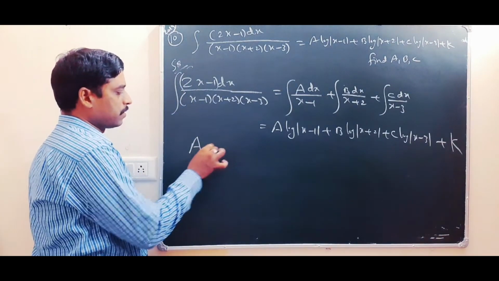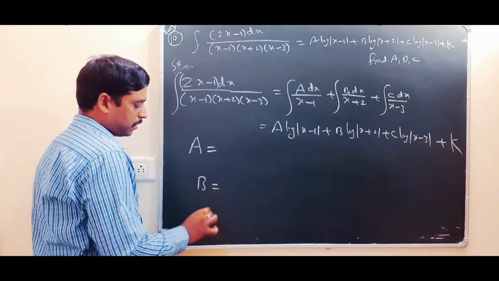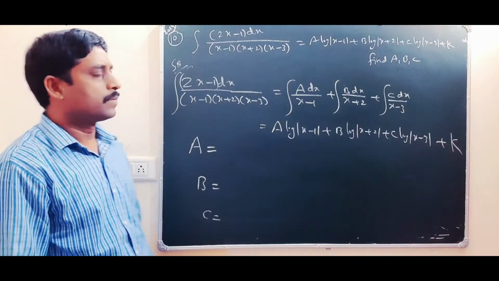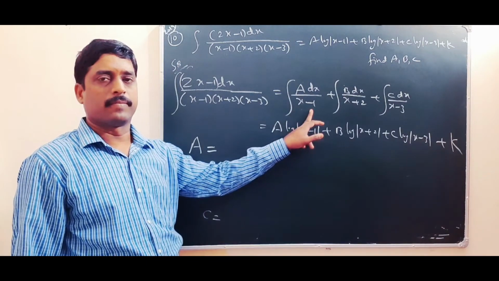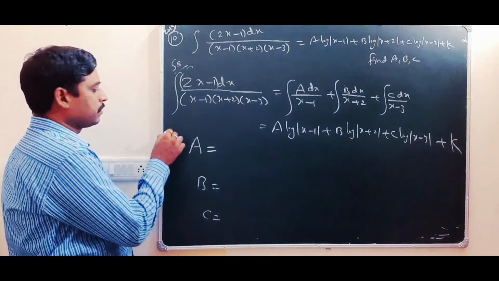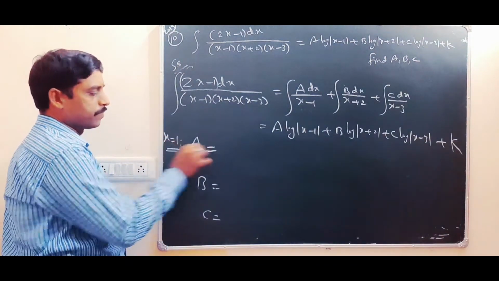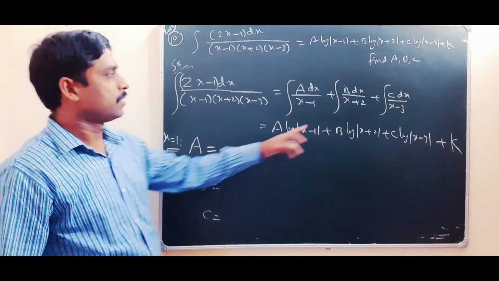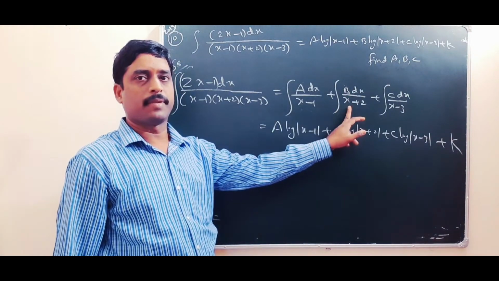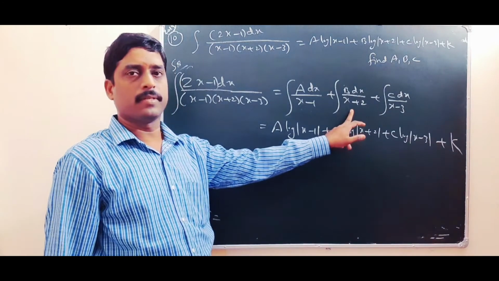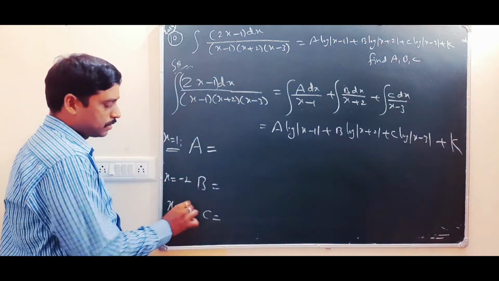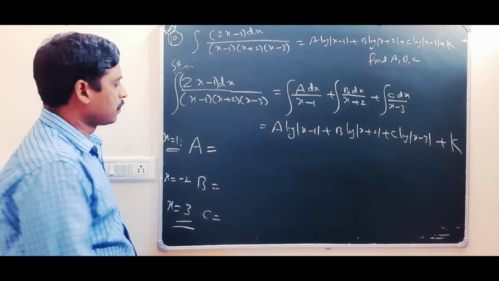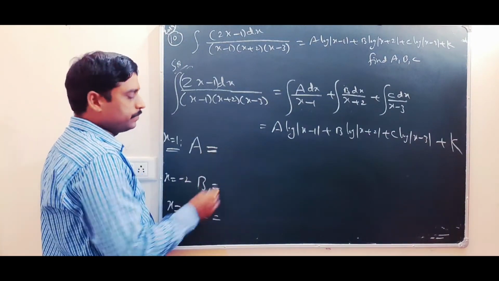The denominator of a is x minus 1, so take x minus 1 equal to 0, x equals 1. Next, the denominator of b is x plus 2, if x plus 2 equals 0, x value is minus 2. And the next x value is 3. First our target is a.